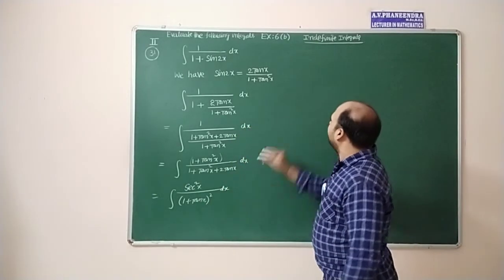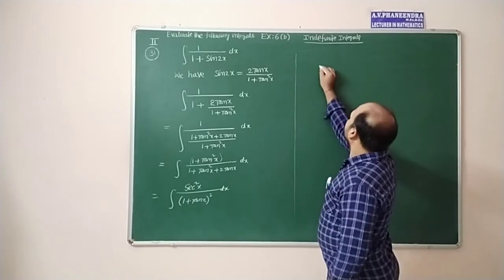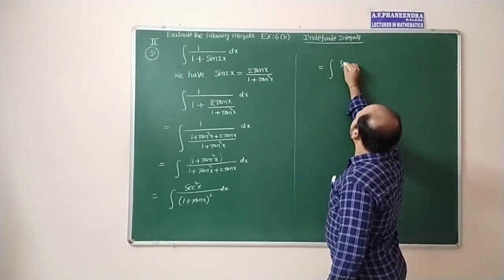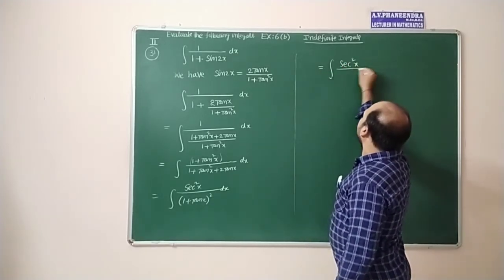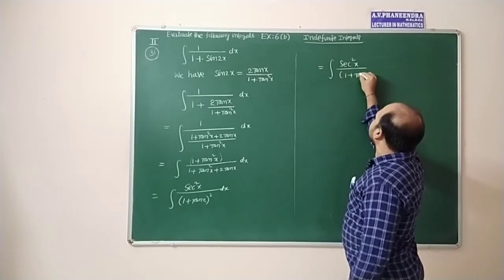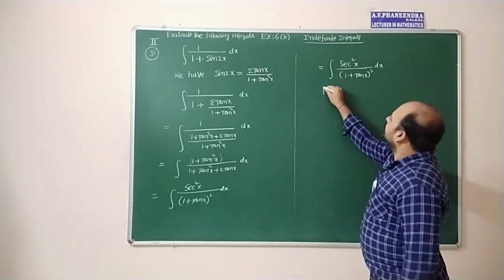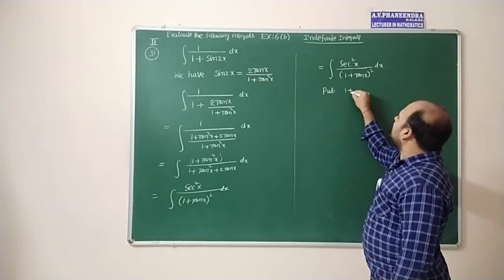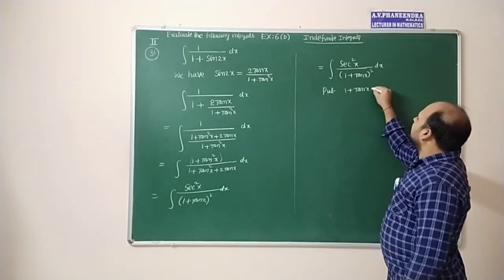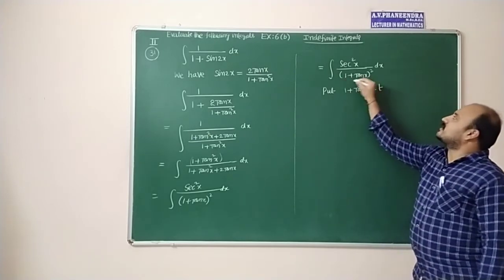After getting to this step, integral secant square x divided by 1 plus tan x whole square into dx. Now, put 1 plus tan x is equal to t, the denominator. We are assuming that 1 plus tan x is equal to t.